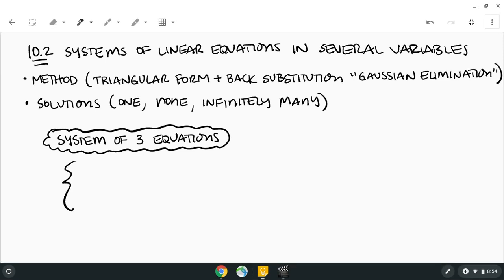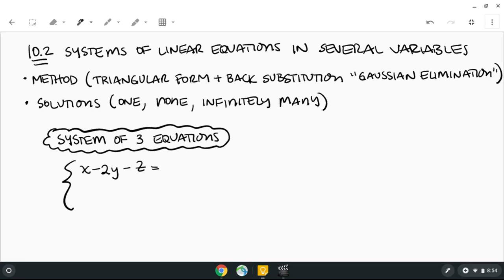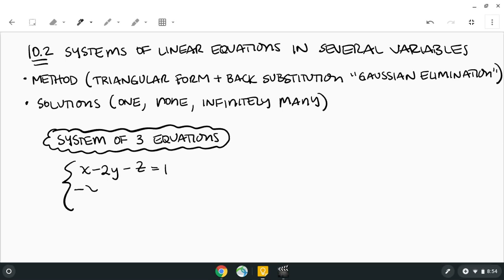Maybe you have something like x minus 2y minus z equals 1, negative x plus 3y plus 3z equals 4, and 2x minus 3y plus z equals 10. You might start off with something like this, and your goal is to try to get it to look like triangular form.